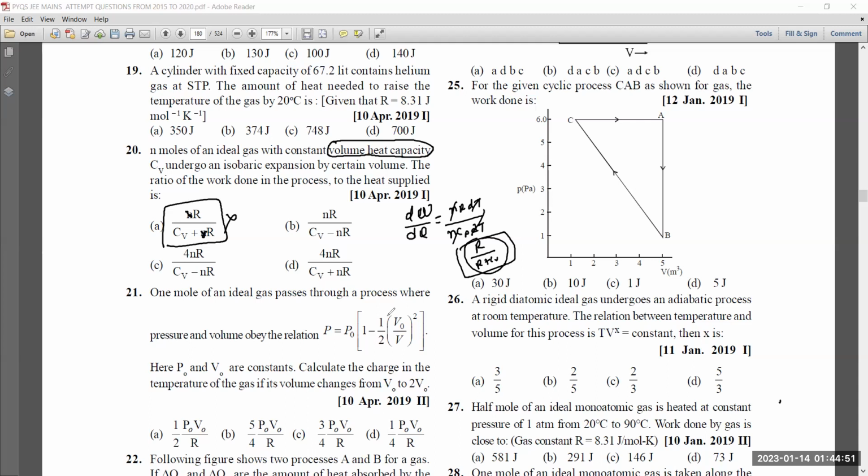In the solution, it is written work is nRdT. So heat given will be CV dT plus nRdT. So work by heat given would be the ratio. Yeah, it is isobaric, so we can add directly n Cp dT. This is wrong. The N will not come. I'm damn sure.